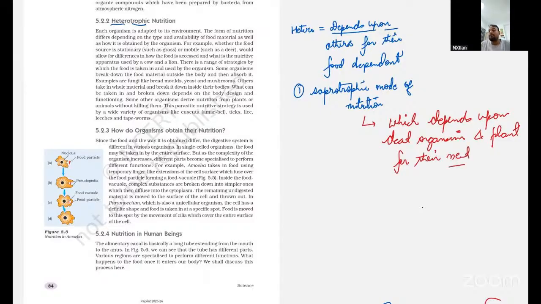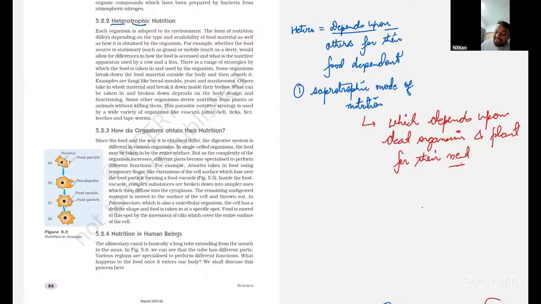Are you getting this? Yes, sir. They can't fulfill their food intake from living organisms, but they depend upon the dead plants and animals.